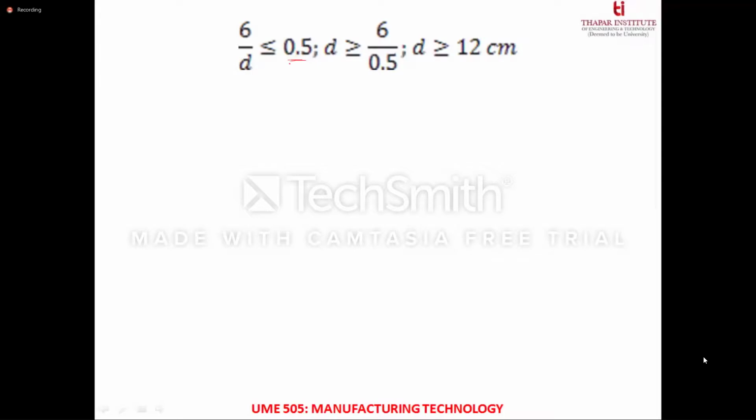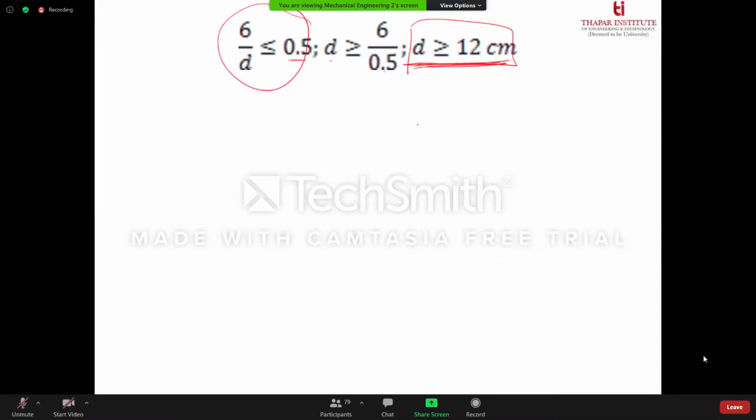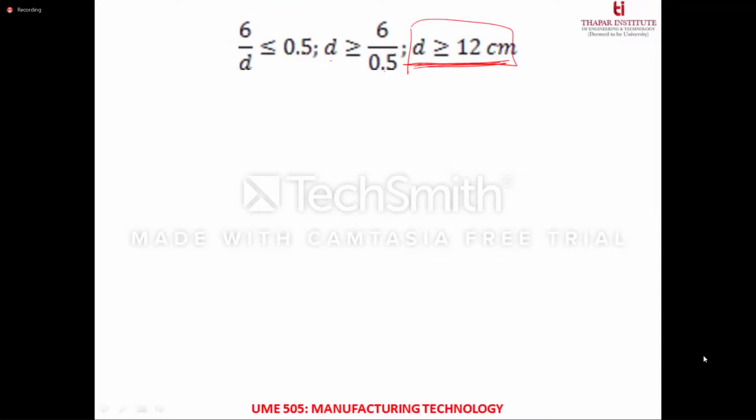So now simply inverting it, bringing D over here and bringing 0.5 to the denominator, D is greater than or equal to 6 upon 0.5, or D will be greater than or equal to 12 centimeters. Now this is the final condition that you have got, which will give you the actual diameter of the riser, which will help you contain the shrinkage of the mold cavity.